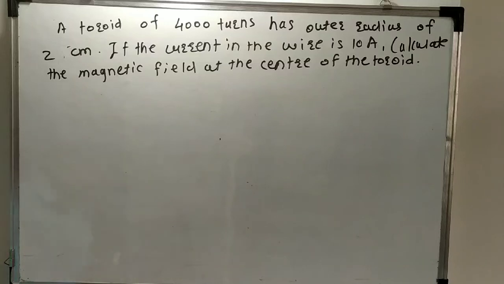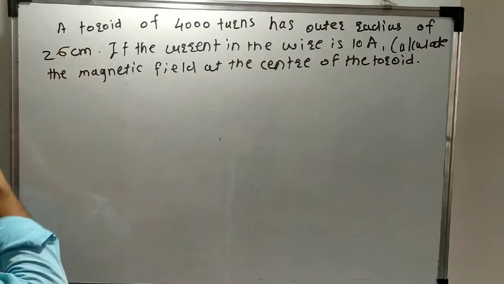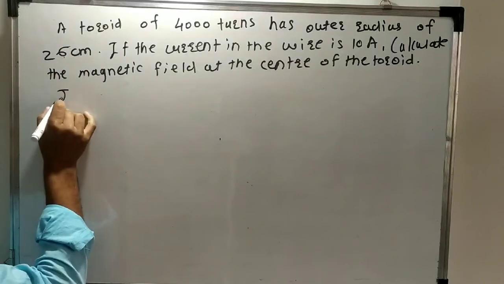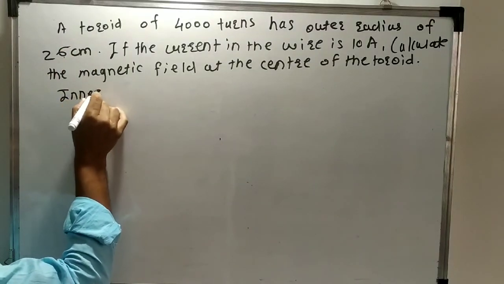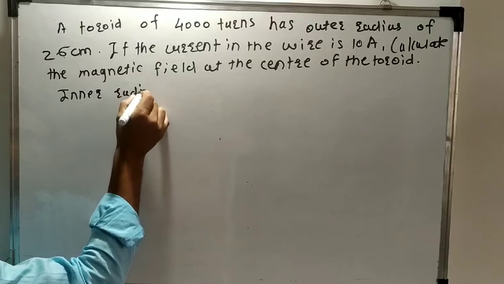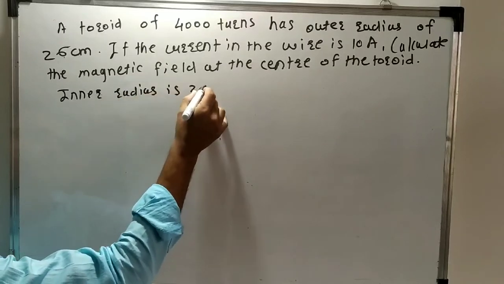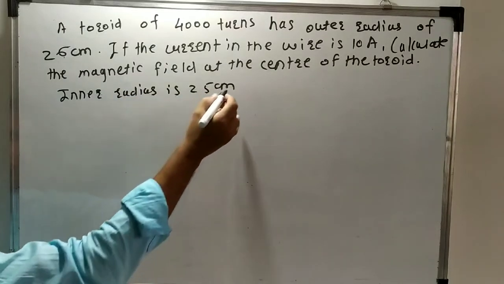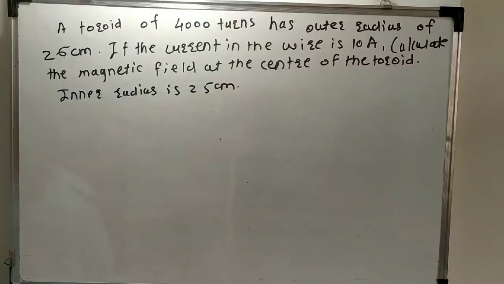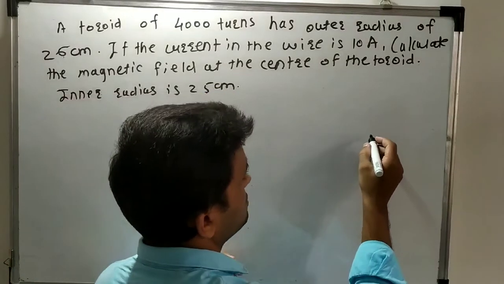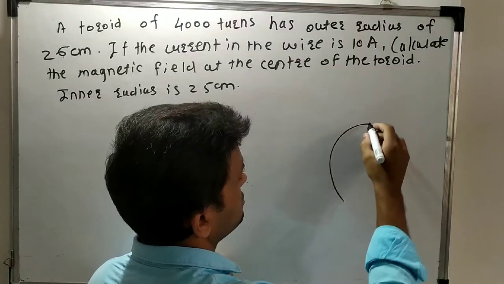So there is no problem. Outer radius is 26 centimeters and at the same time the inner radius is also given. Inner radius is 25 centimeters. So there are two types of radius given. If you draw the diagram, suppose this is a toroid.